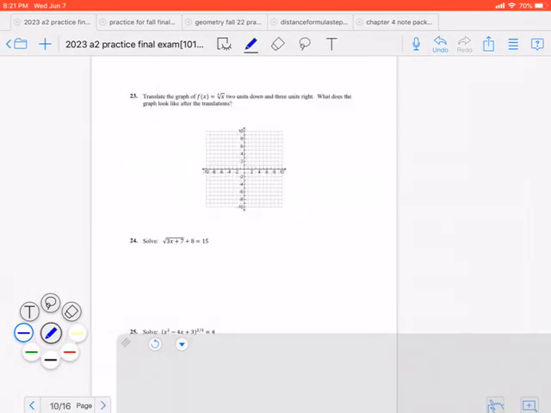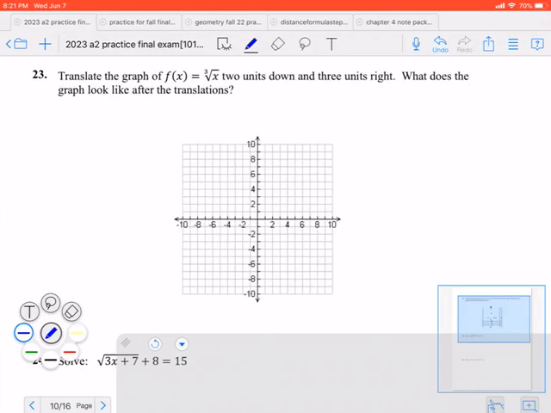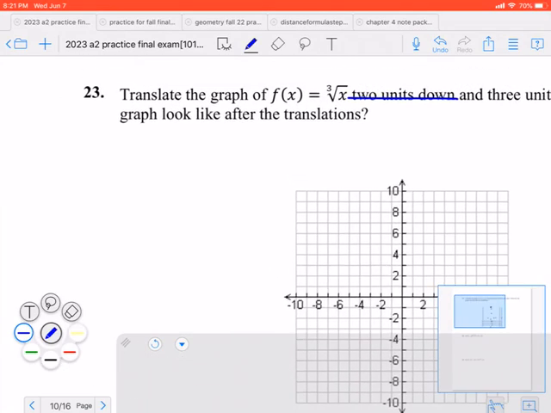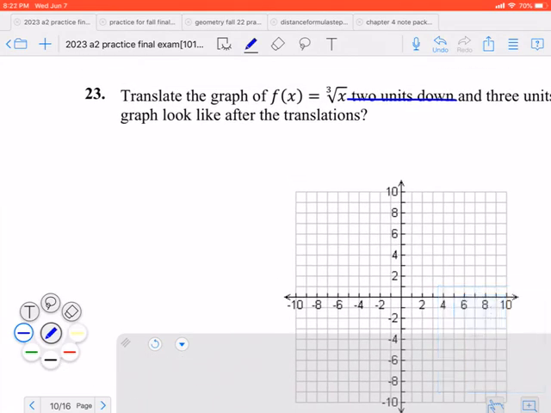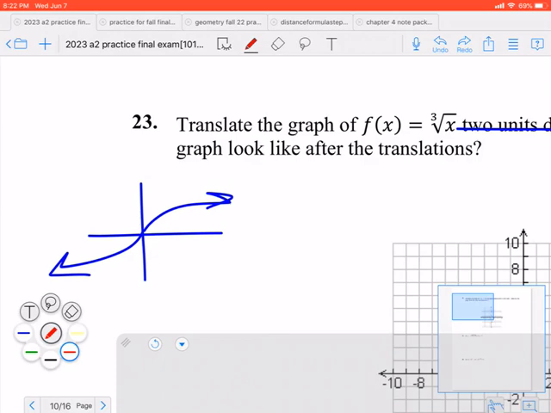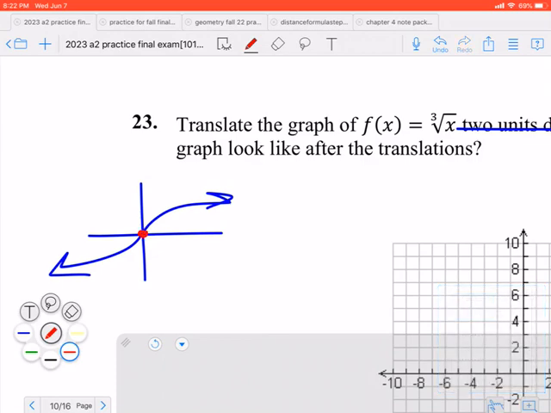Number 23. Translate 2 units down and 3 units to the right. Okay, so our x cube function, the parent, goes like this. If you'll remember, that does this little s kind of a thing. And because you think about plugging numbers into that, if I plug in a 0, I get 0.